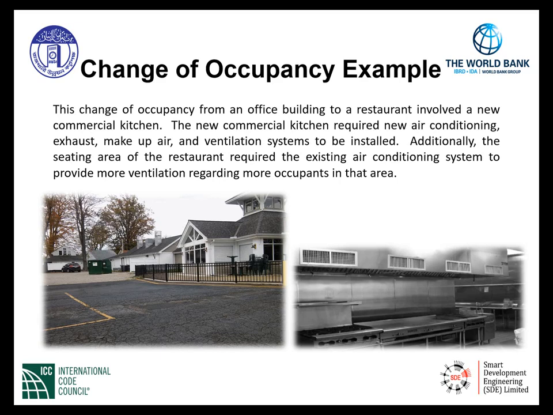The new commercial kitchen required new air conditioning, new exhaust systems, a makeup air system, and ventilation systems to be installed. And as you can see in the picture on the left-hand side, we have the exhaust equipment and appliances coming through the roof of the building. Additionally, the seating area of the restaurant required the existing air conditioning system to provide more ventilation, given more occupants in that area.